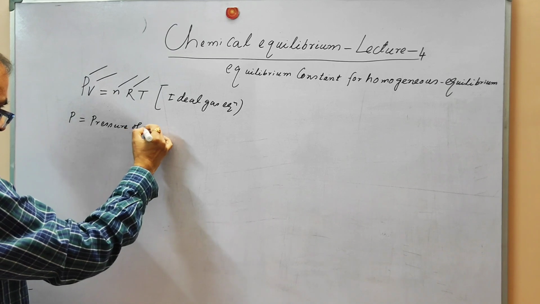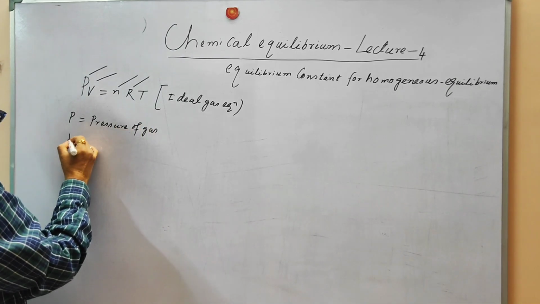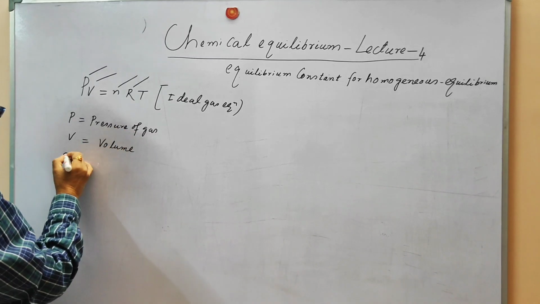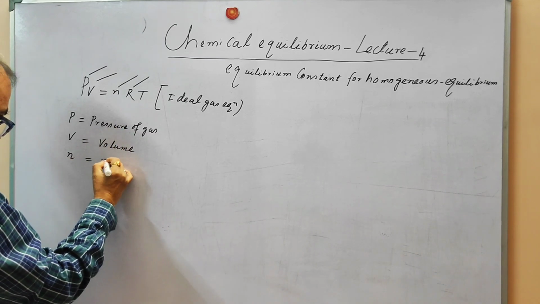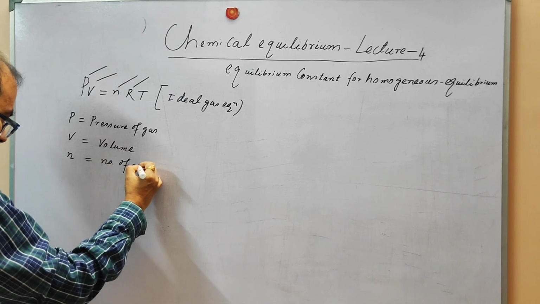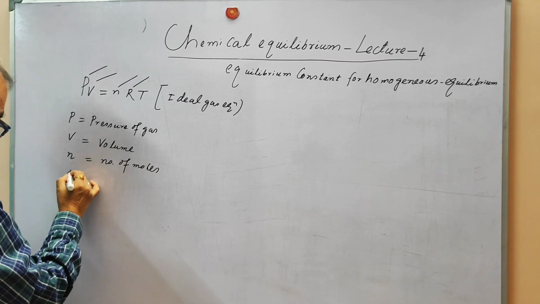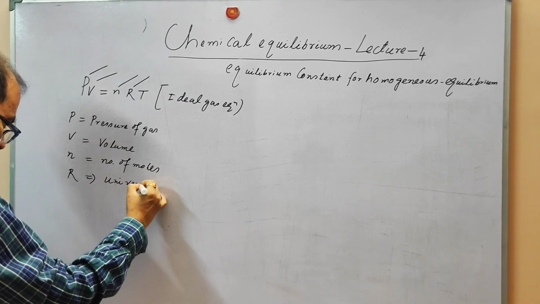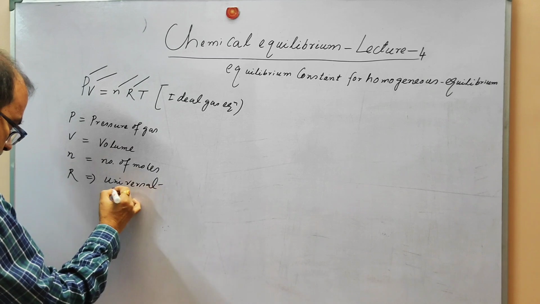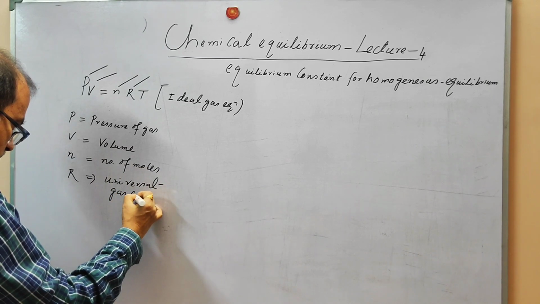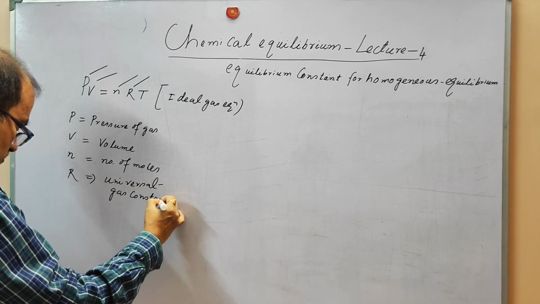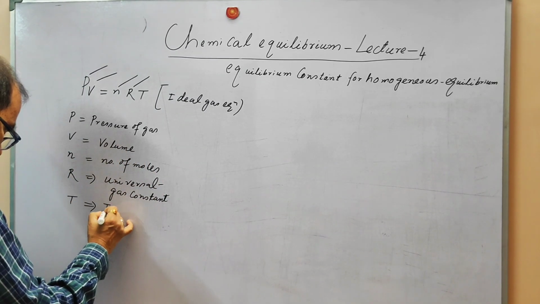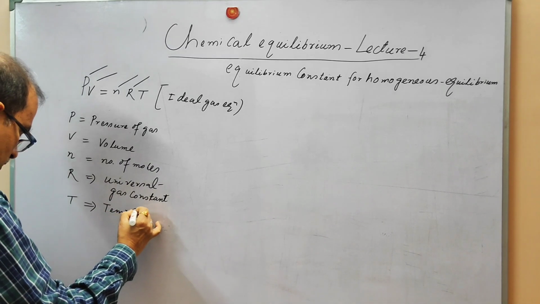Now this is the volume, and this is the number of moles, and this is the universal gas constant, and T is the temperature in Kelvin scale.